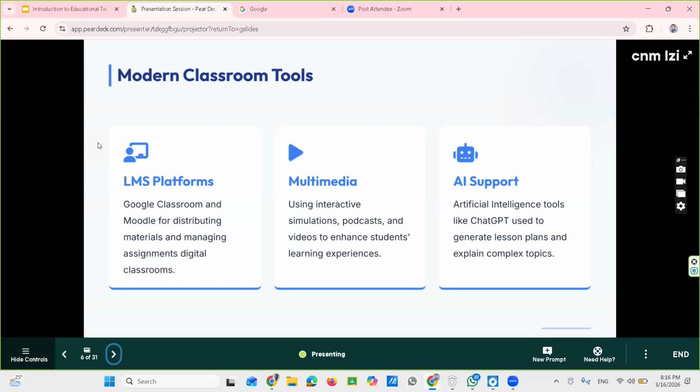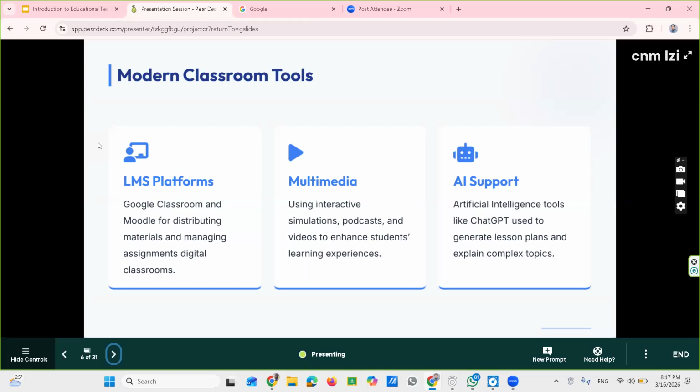Then, currently very important and very popular, is AI support. We use AI tools to do various things in teaching and learning. Tools like ChatGPT and Gemini are very popular among teachers. What they do through these tools is planning and designing.